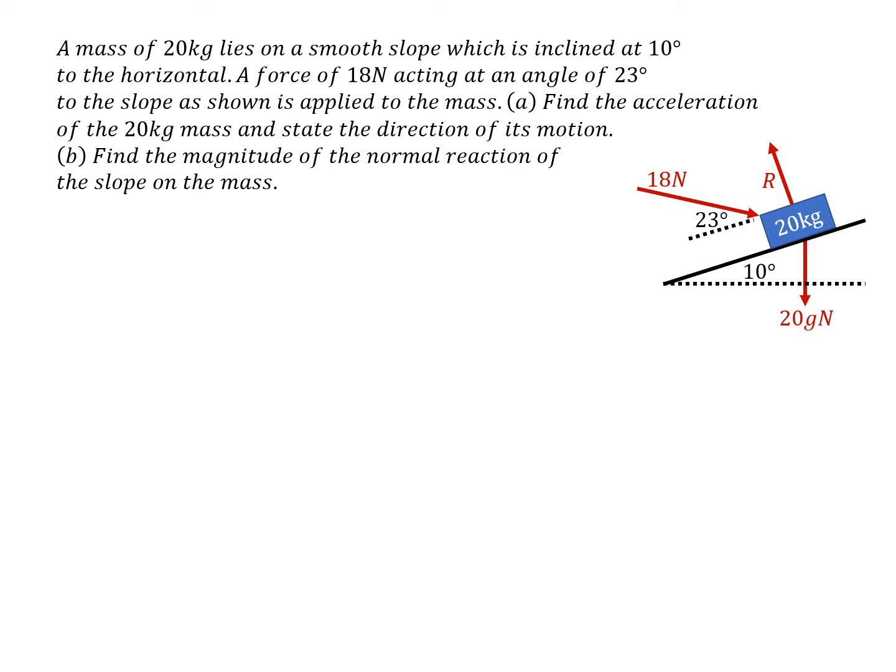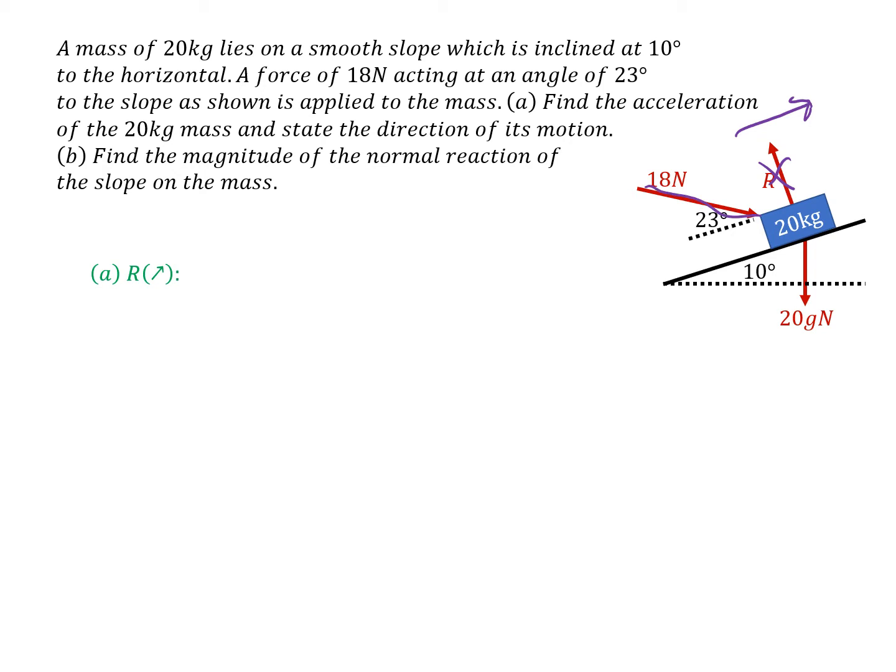So let's have a look at finding the acceleration of the 20 kilo mass, and that's part A. For this, what I'm going to do is resolve up the plane. The normal reaction doesn't have a component in the direction of the plane because it's at right angles to the plane.